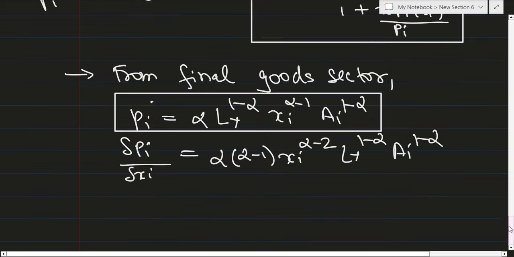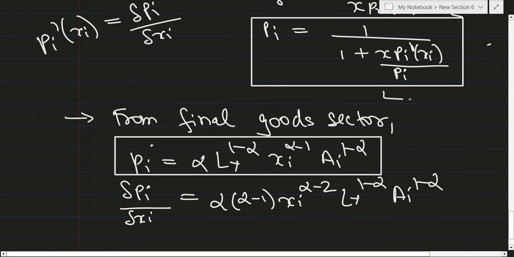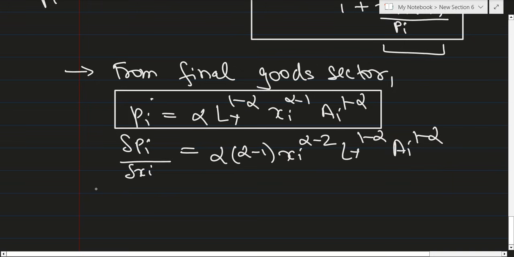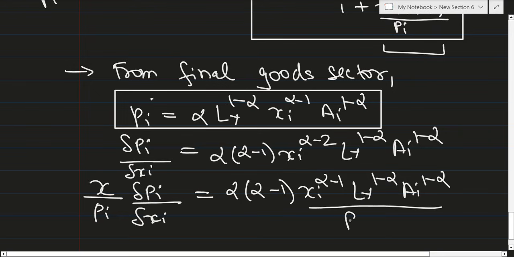So basically we are trying to manipulate it in a way so we reach this thing. So we multiply both sides by Xi upon Pi. We would be getting alpha minus 1. Now Xi to the power alpha minus 2 plus 1 would become Xi to the power alpha minus 1, rest as it is, whole upon Pi.